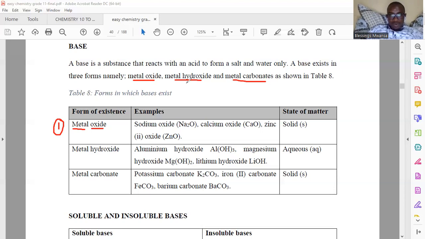That is an example of a metal oxide. If I get calcium, I combine it with oxygen, I will produce what is called calcium oxide. That is an example of a metal oxide base. If I get zinc, I combine it with oxygen, I will get zinc oxide.